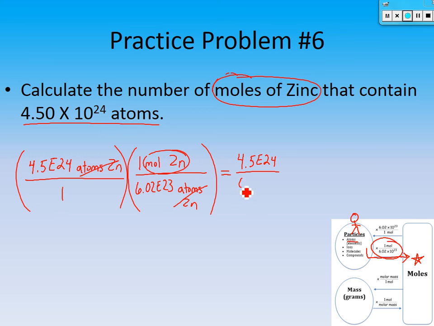Well, it's 6.02 times 10 to the 23rd. When you put that in your calculator, you should get 7.48 if you round it to 2 decimal places. And that's the number, but what are our units? Okay, again, come back here. We're talking about now moles of zinc.